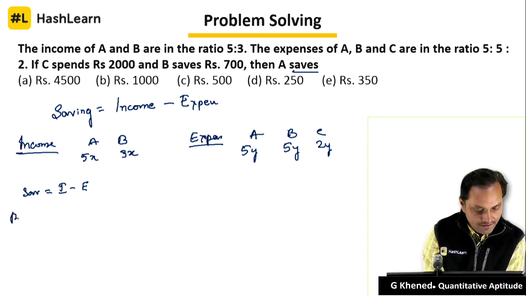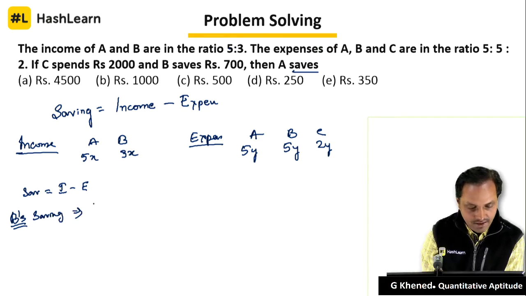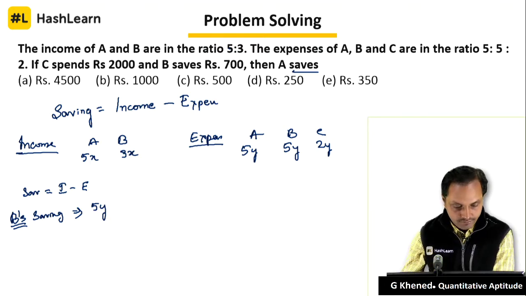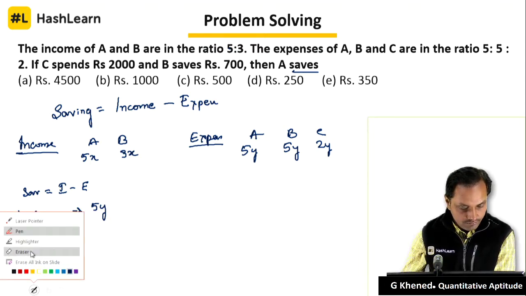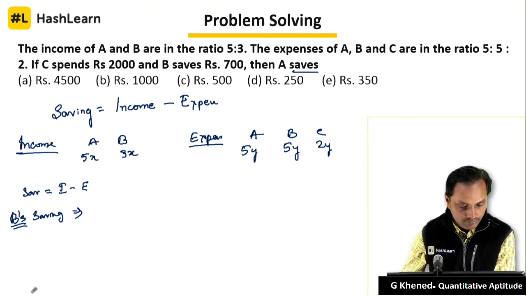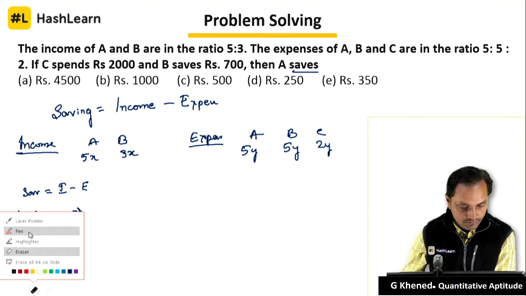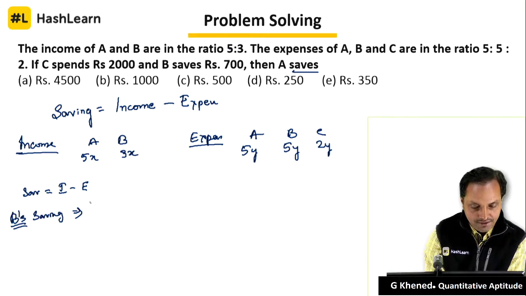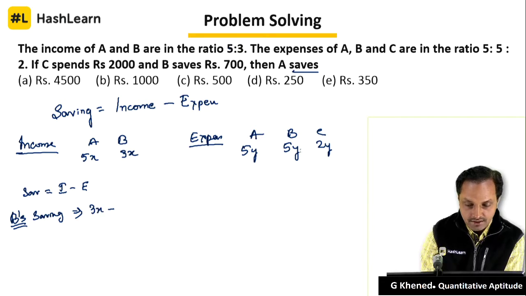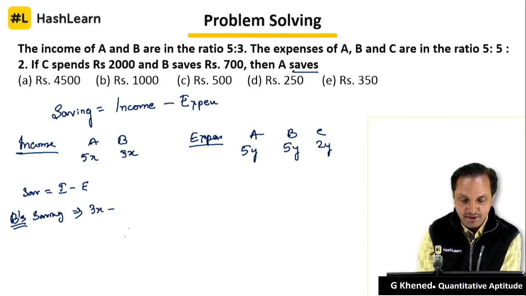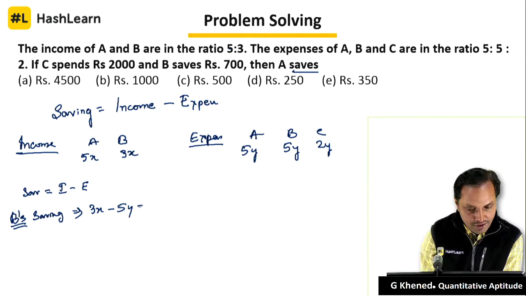So, B's income is 3x minus the expense of B, which is 5y, and that should be equal to 700 rupees.